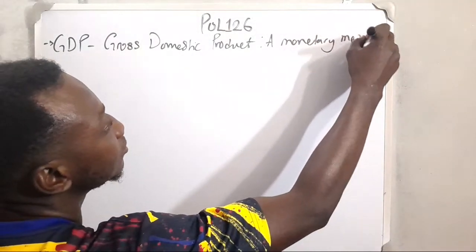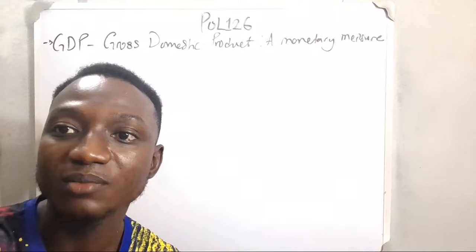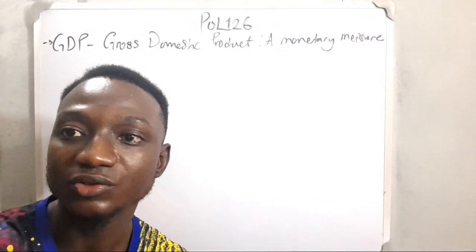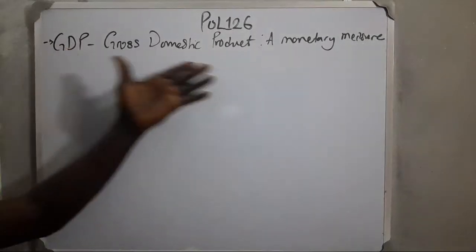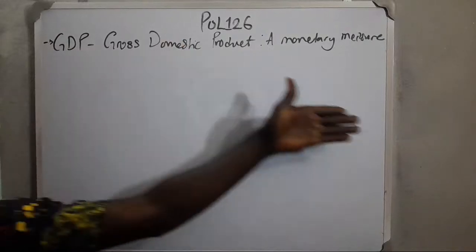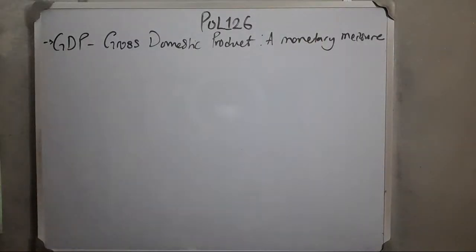GDP is an acronym for gross domestic product, which happens to be a monetary measure, and this measure is to weigh the market value.